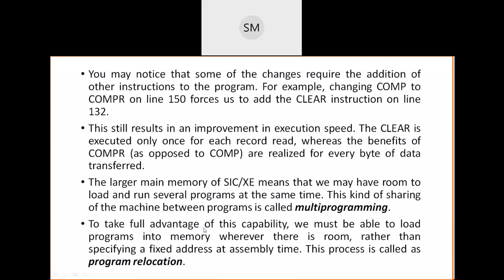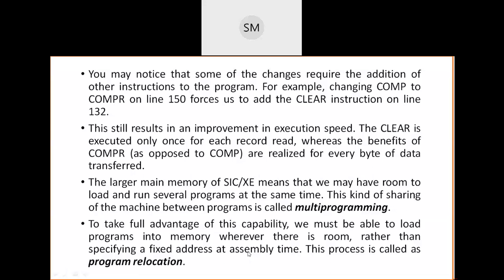To take full advantage of this capability, we must be able to load the programs into main memory whenever there is room or space in the memory, instead of specifying a fixed address. Like in SIC, where you assumed that our program will start at address 1000.